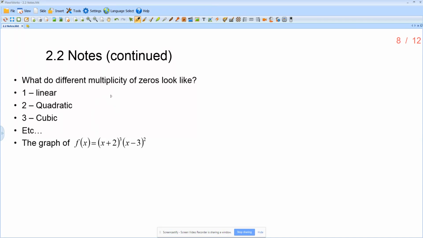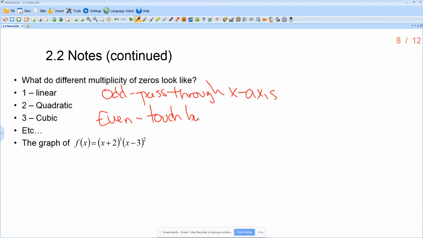In general, keep in mind that an odd multiplicity is going to pass through the x-axis. Something with an even multiplicity is going to touch but not pass through the x-axis.